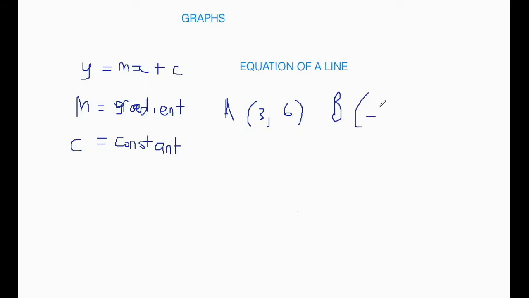Now, let's look at this example where we're given two points, A, which is (3, 6), and B, which is (-1, 7). We can formulate the equation of a line, but first we have to find the gradient, and the gradient is equal to y2 minus y1 over x2 minus x1.